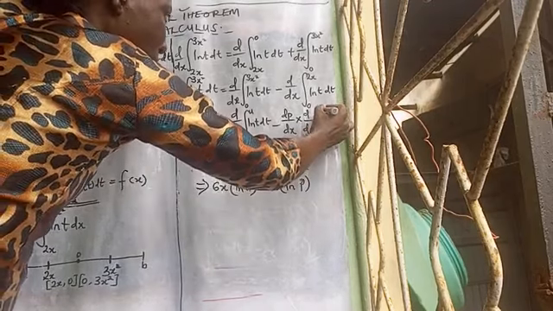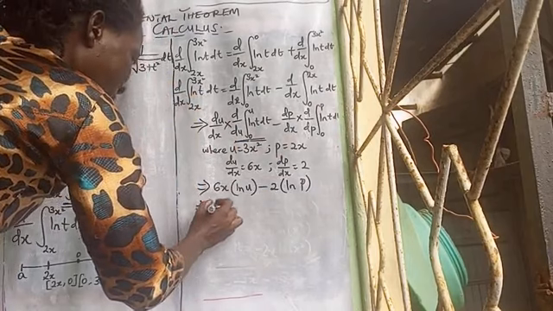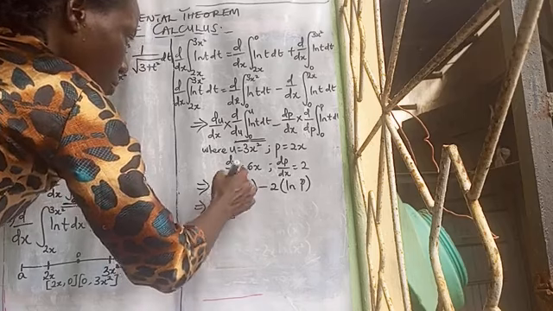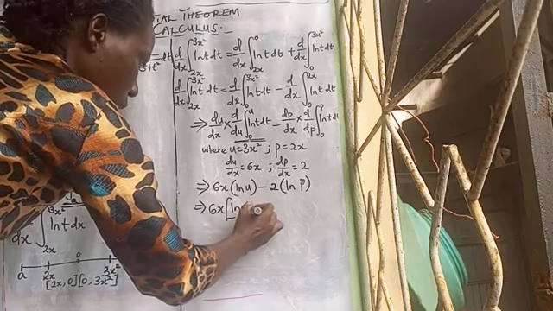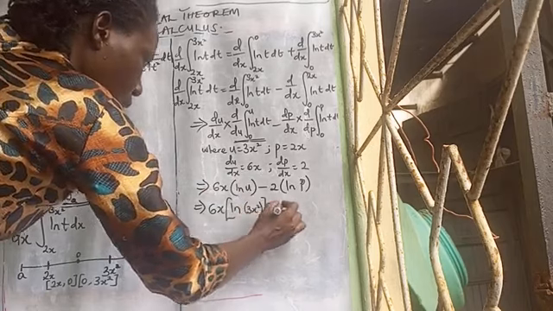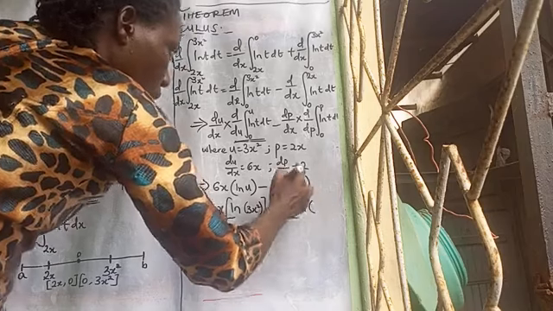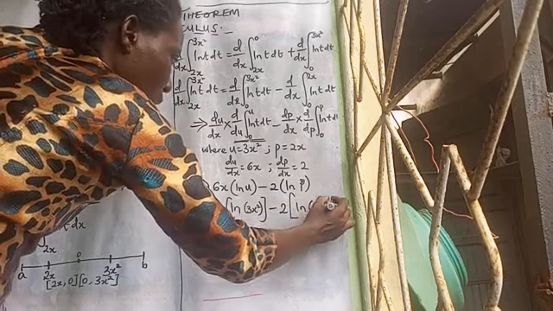Same thing applies there. So I have 6x ln, what is my u? 3x squared, minus 2 ln, what is my p? 2x.